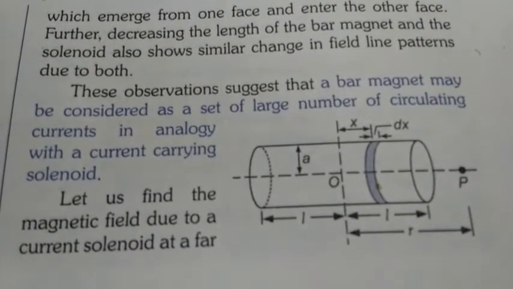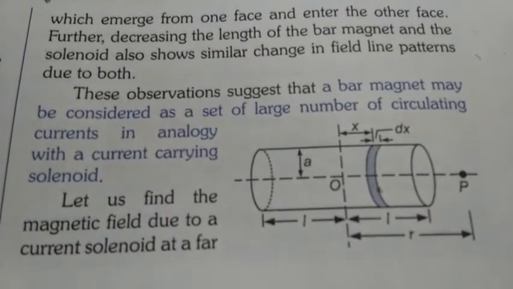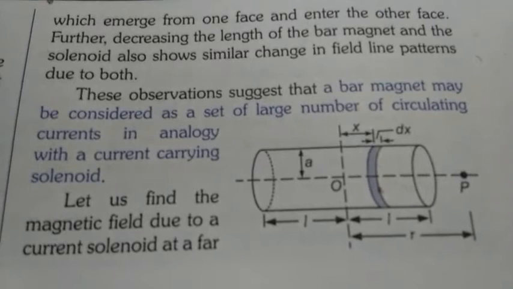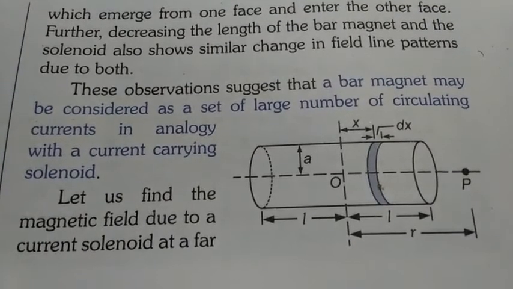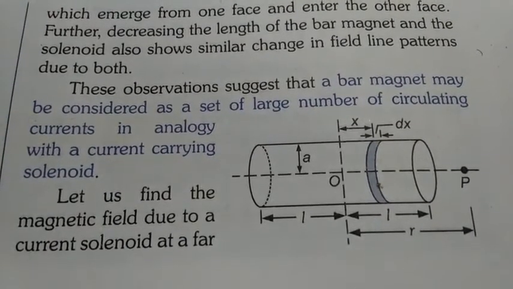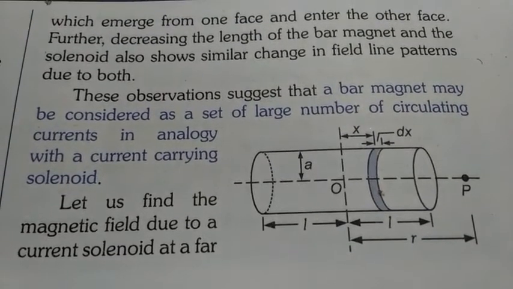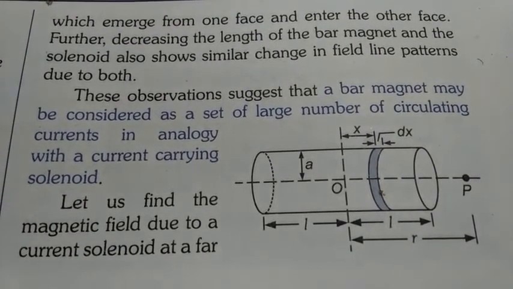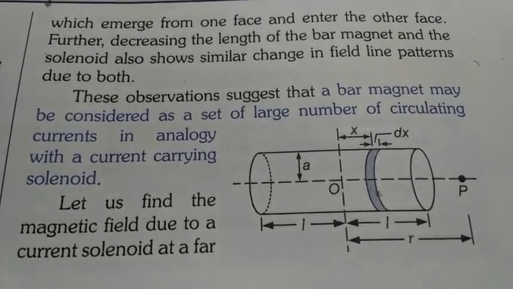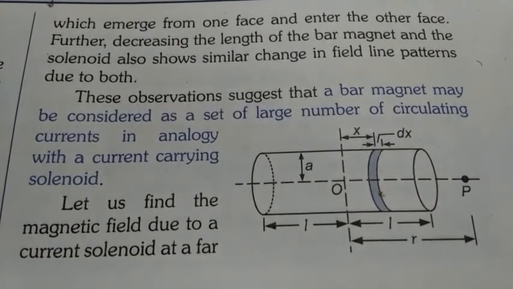Further, decreasing the length of the bar magnet and of the solenoid shows similar changes in the field line patterns. So first, the magnetic field lines for a bar magnet and for a solenoid are similar to each other.